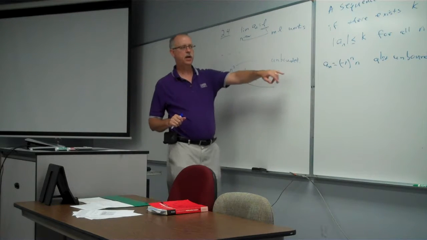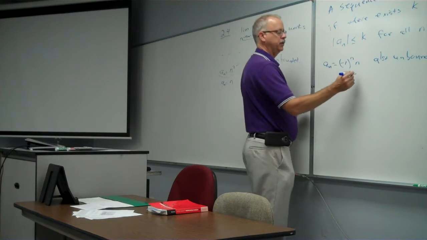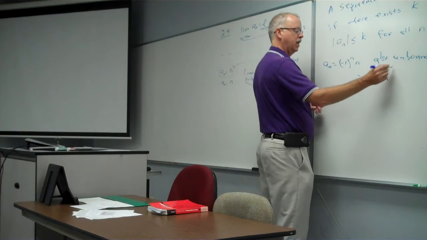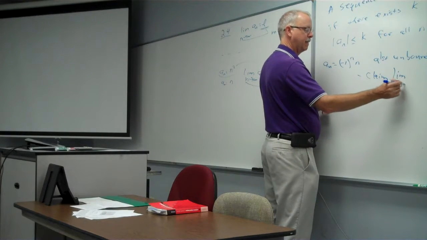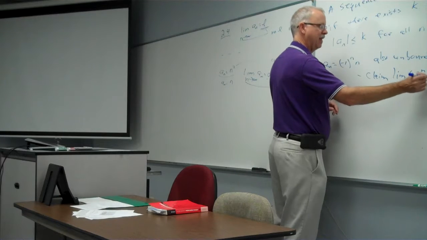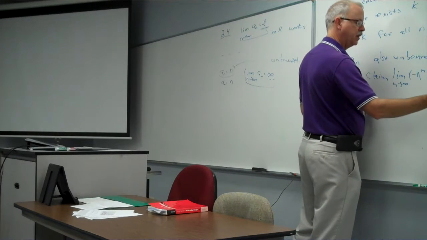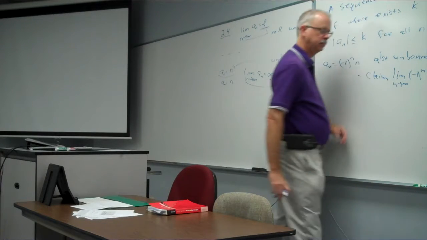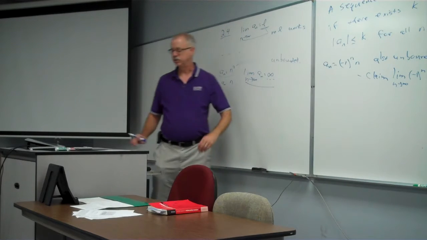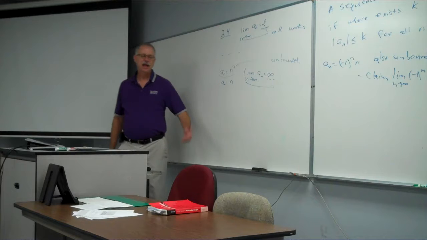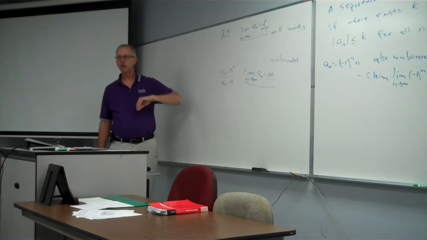But this sequence is unbounded, and yet I would claim this sequence does not converge, or the limit doesn't exist. Not just as a specific number, there's not an identifiable trend in what the terms are doing.